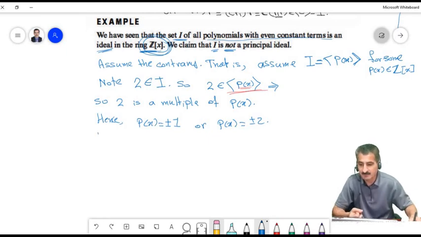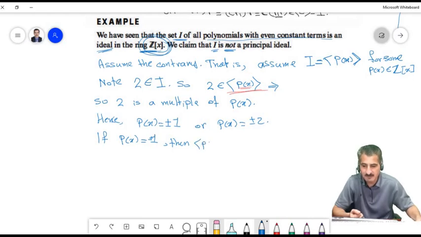Now, if p(x) equals plus or minus 1, then this ideal will equal the whole ring.